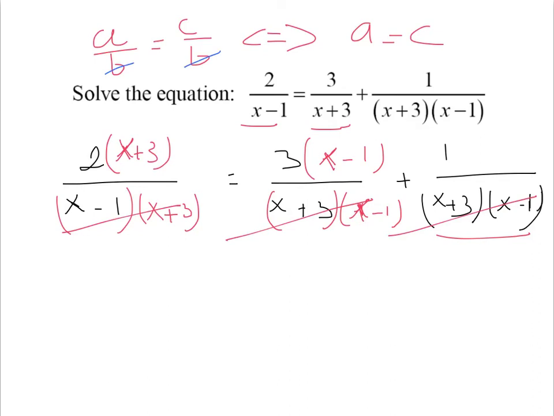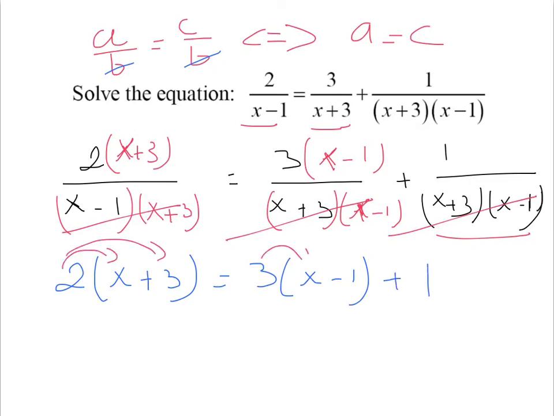We do this when we have equal. So we're going to come up with 2 times x plus 3 equals 3 times x minus 1 plus 1. Well, here we can use the distributive property, right? So we're going to get 2x plus 6 equals 3x minus 3 plus 1.